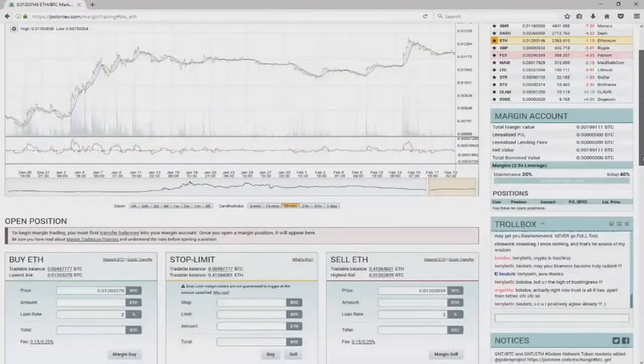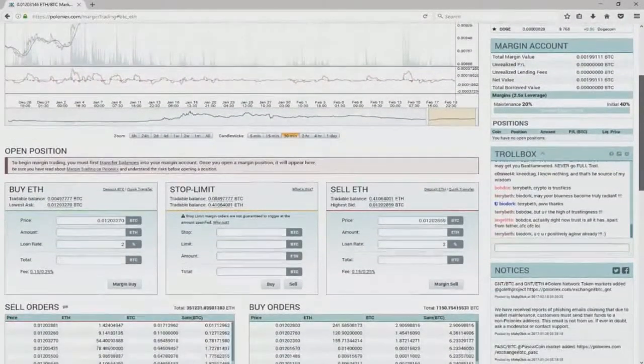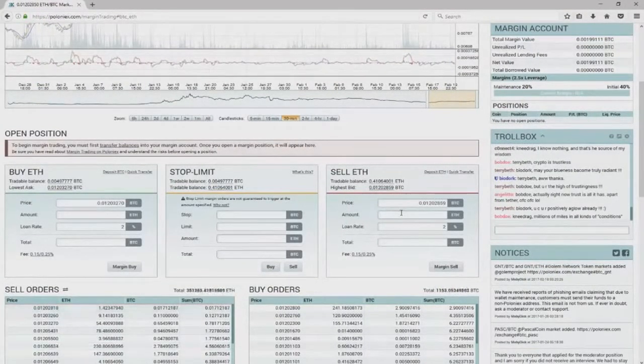So I'm going to show you how to short Ethereum. So shorting is just borrowing Ether and being able to sell them on the market. And so if the market moves down against me, then I can buy back those Ether at a lower price.